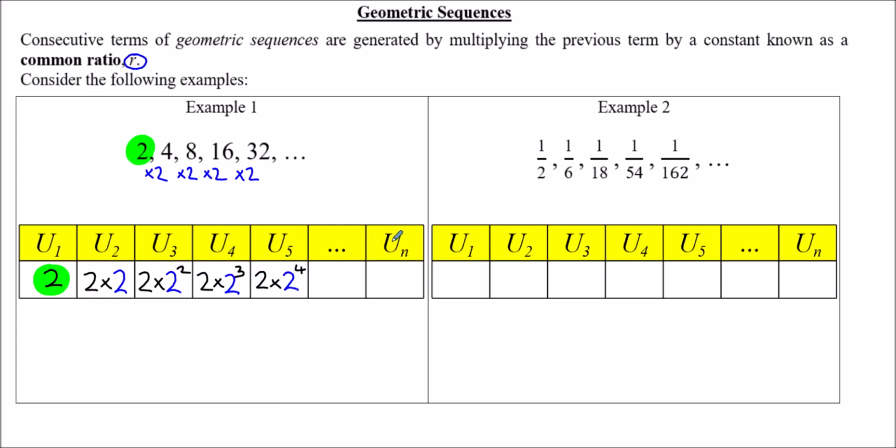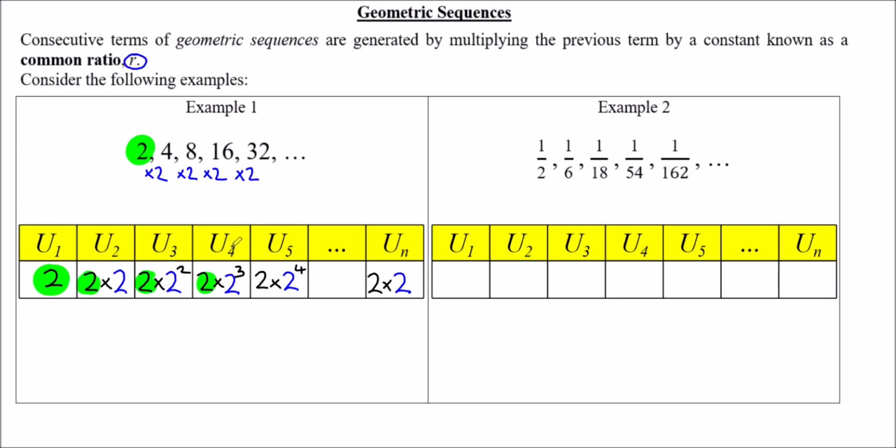So the nth term, the general term, is always going to be this first term, 2, multiplied by the common ratio, which is 2. But let's think about what the power of a ratio is each and every time. Now the first term doesn't involve a ratio at all. The second term, I'm multiplying by ratio once. The third term, I'm multiplying by ratio twice.